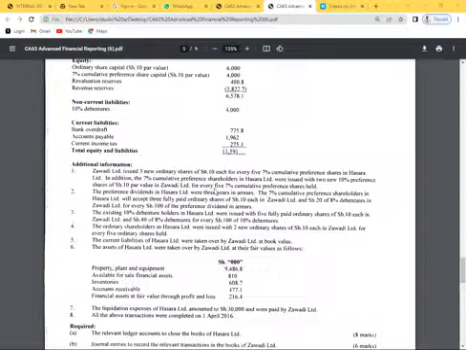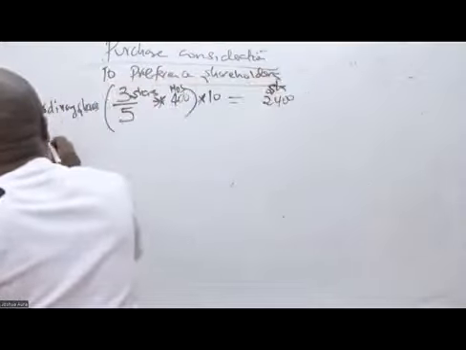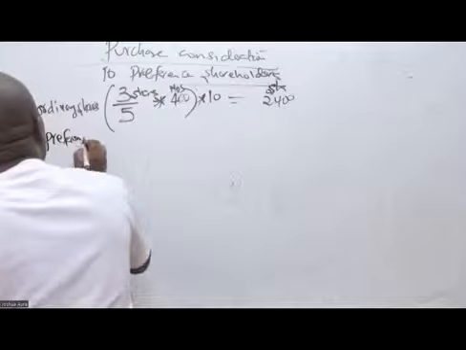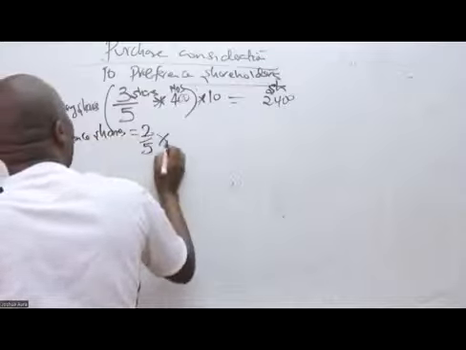So you write 2/5. That's where you start from. We gave them preference shares, and this is the ratio, 2 for every 5 of the preference shares held. So we gave them some other class of preference shares, 2 of 5.